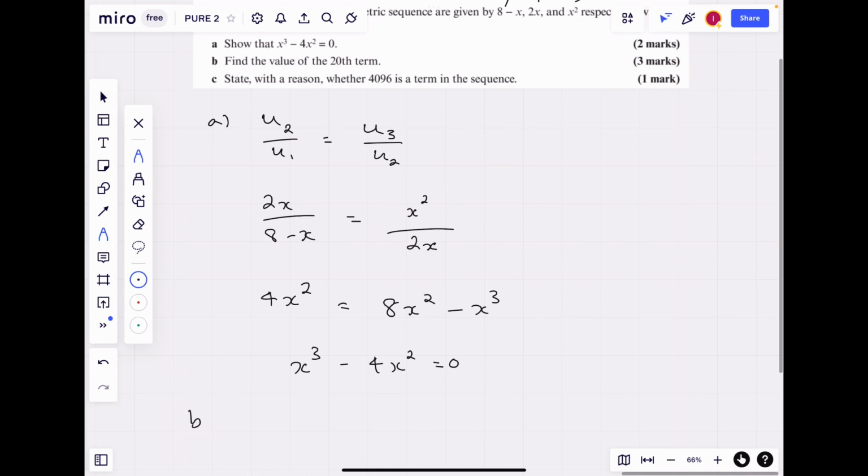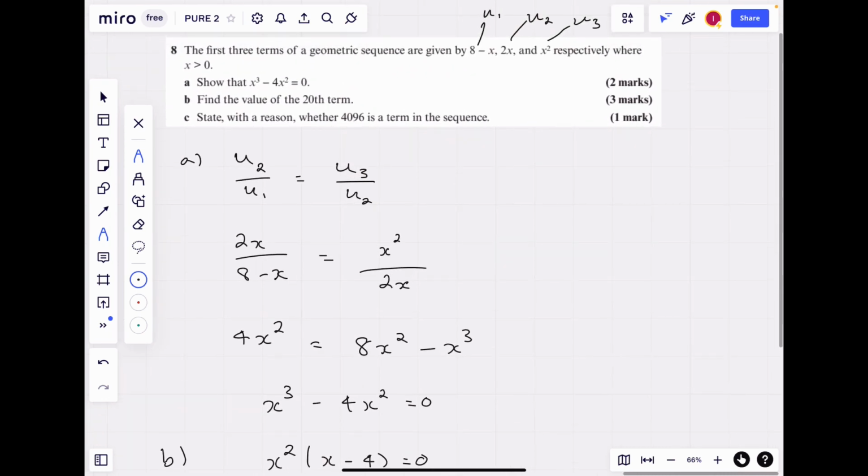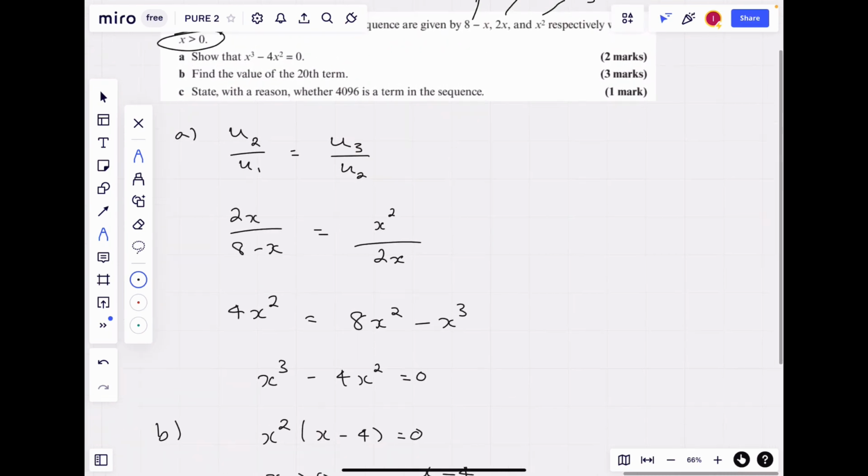Part B. Find the value of the 20th term. In order to do this, we need to find x first. So if we factorize, we get x equals 0 and x equals 4. It says in the question, x has to be greater than 0.